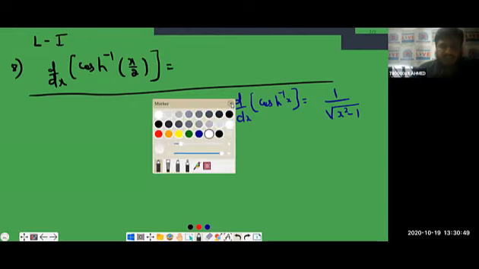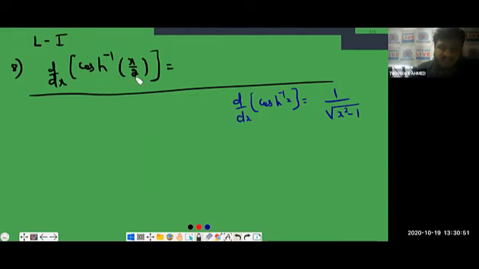In place of x I have x by 2. So d by dx of cosh inverse of x by 2 will be equal to 1 divided by root of x square by 4 minus 1, into d by dx of x by 2. We are using the chain rule here.